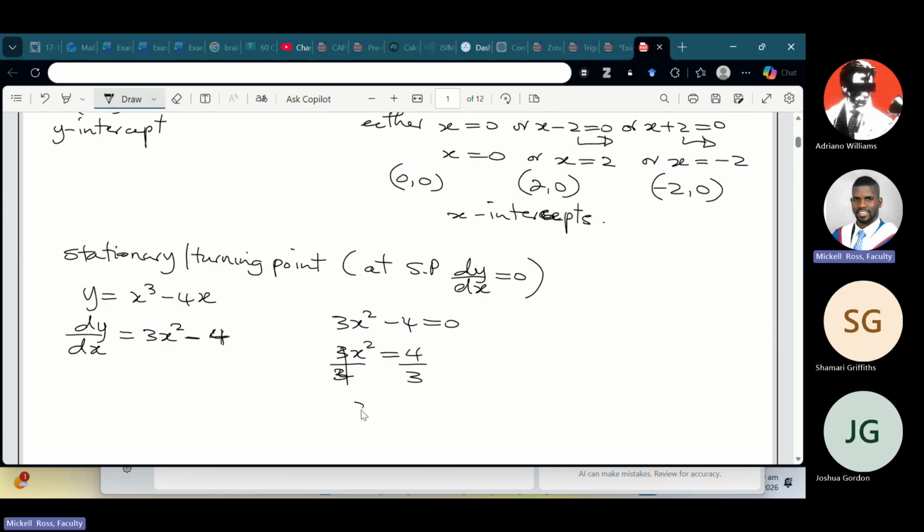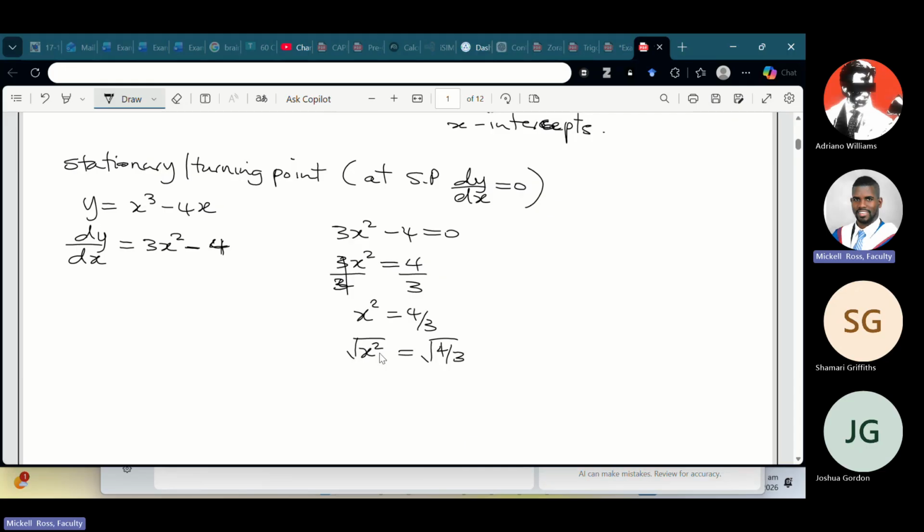So x squared is equal to 4/3. And then we take the square root of both sides. And this is going to be the square root of 4/3. Now, I'm going to write the square root of 4/3 as a decimal.